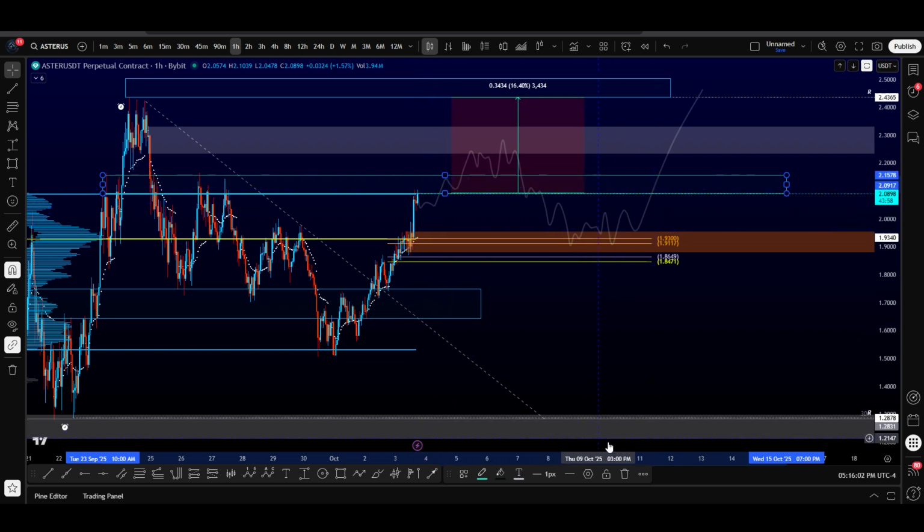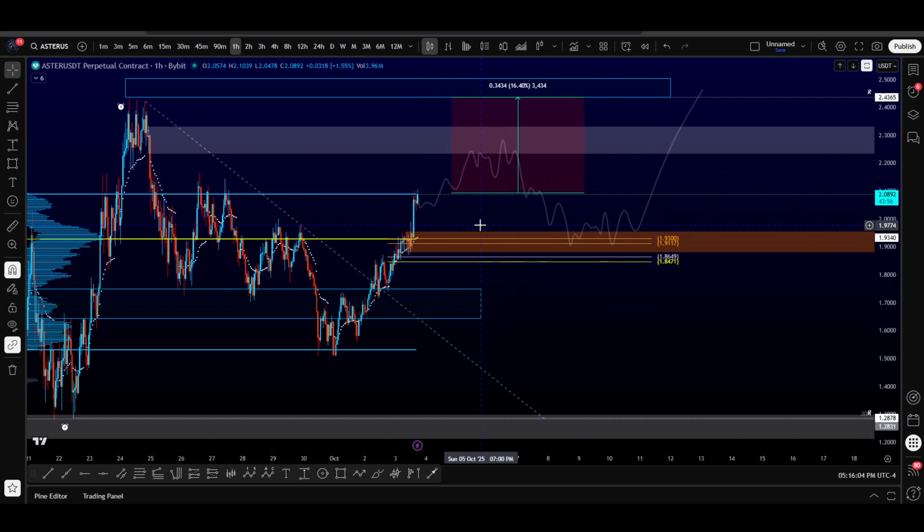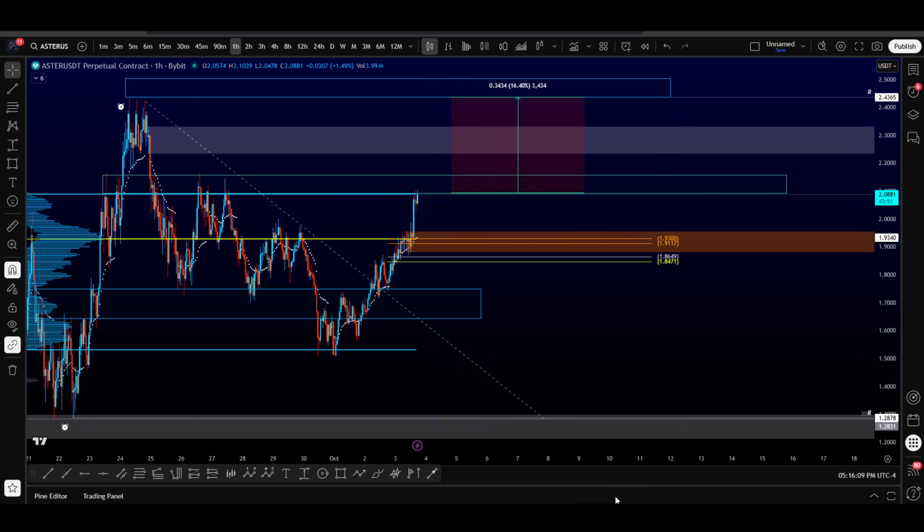So if price was to flip this into support, possibly go here, I would be looking to enter a long position once price comes back to retest this low, then targeting the highs, right? So if we don't get this pullback, then we wait for resistance to be flipped to support, and then we take a long in this area right there, right? That would be the best bet.